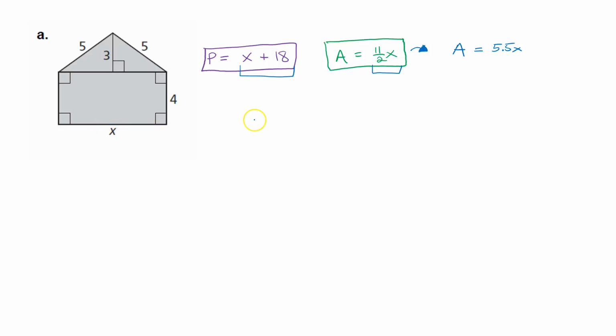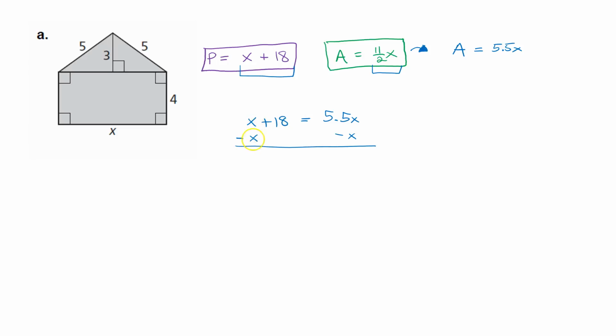So x plus 18 equals, so the perimeter equals the area, so 5.5x. I got x's on both sides. I've got more of them over here, so I'm going to get rid of this guy over here. So it's a positive x, so I'm going to subtract x from both sides.